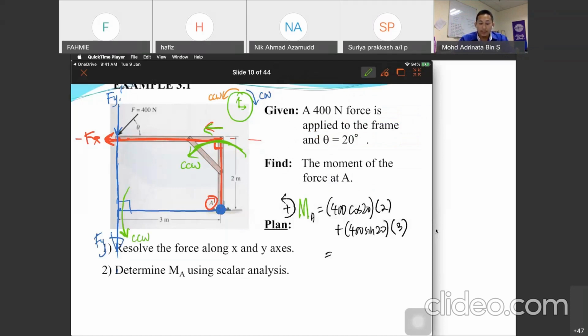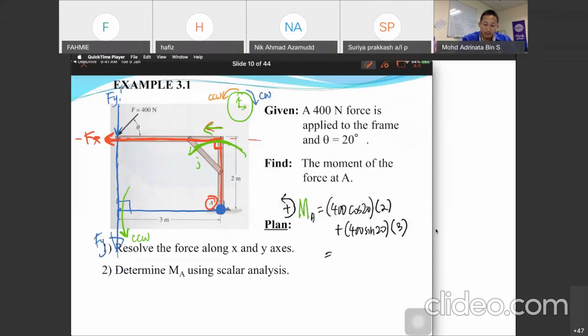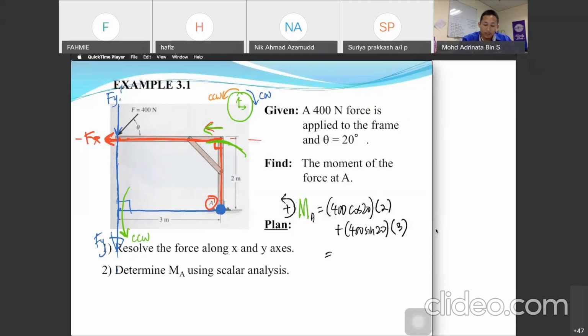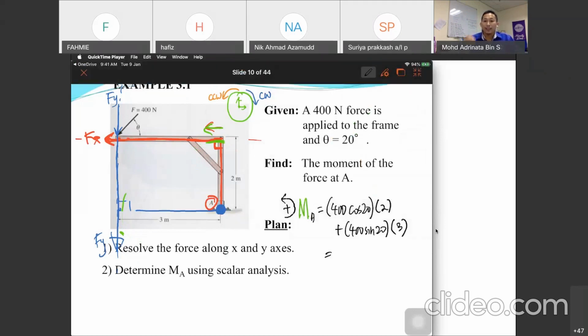Do we need to add distance? 2 plus 3. The distance is, this is for your X, and this is for your Y. Look, your X direction, this is the direction.